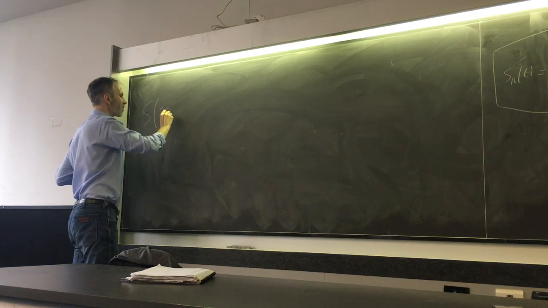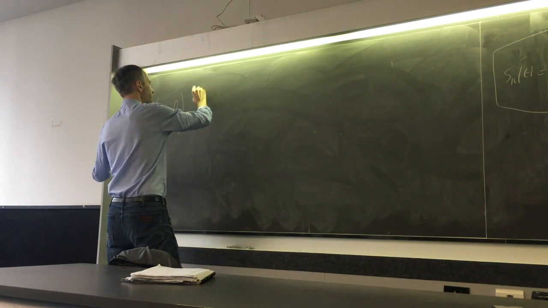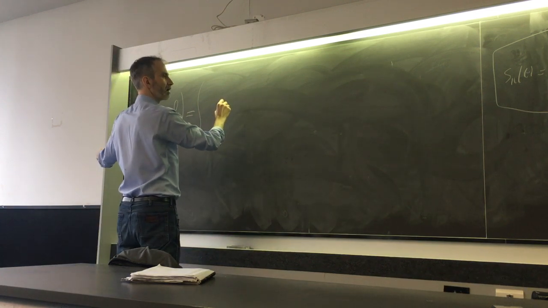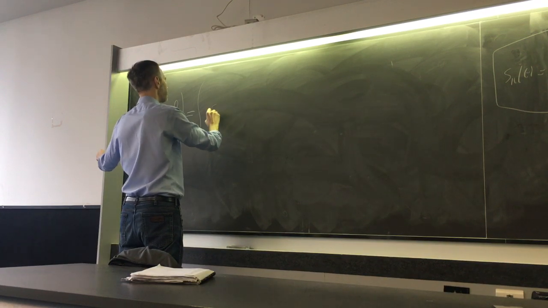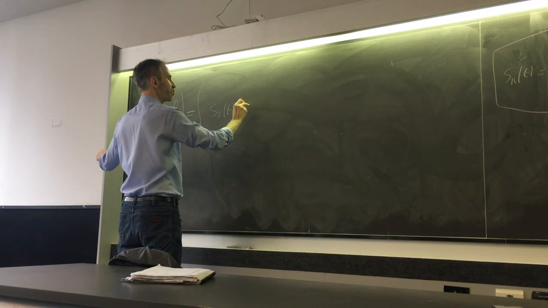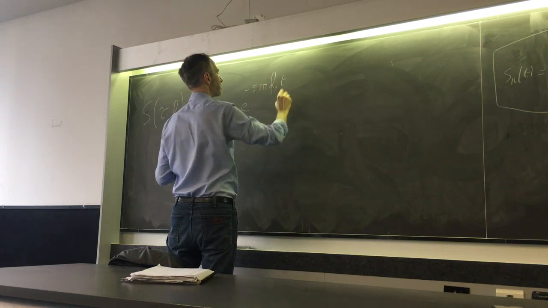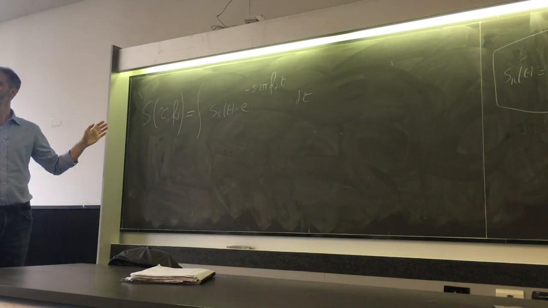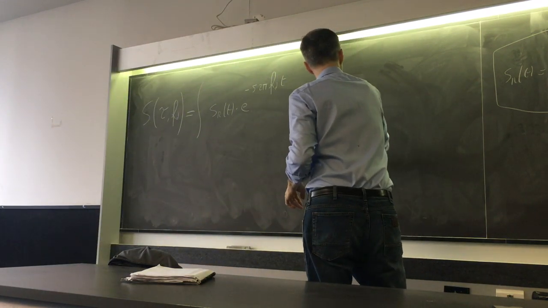So S of tau and Doppler frequency will be equal to your received signal, which we try to compensate by the Doppler frequency in real time in the T. This is what you do, and you end up with a function. Now let me try to represent it.